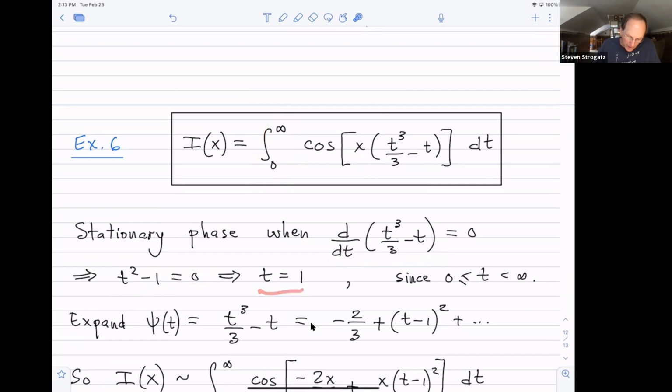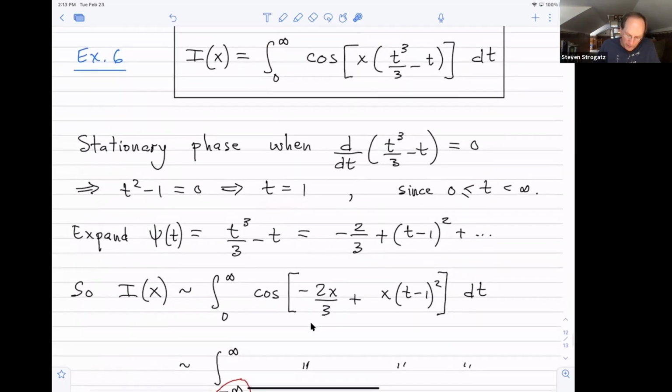So looking in the neighborhood of t equals 1, I could expand this phase function into its quadratic Taylor approximation. And then if I just plug that in, everything's being multiplied by this x, so I get cosine of minus 2/3 x plus x (t minus 1) squared.